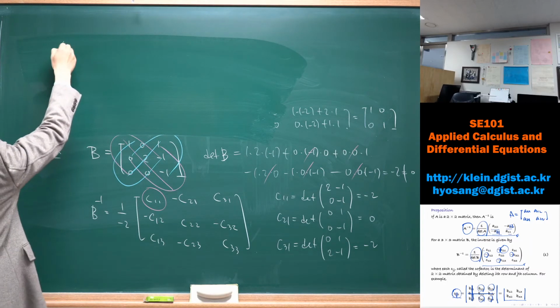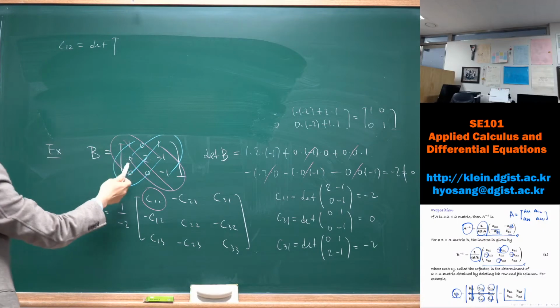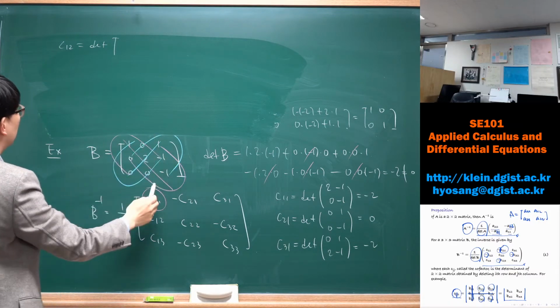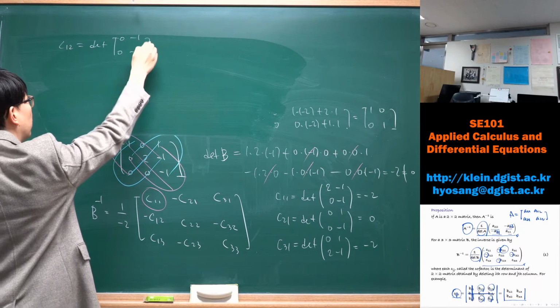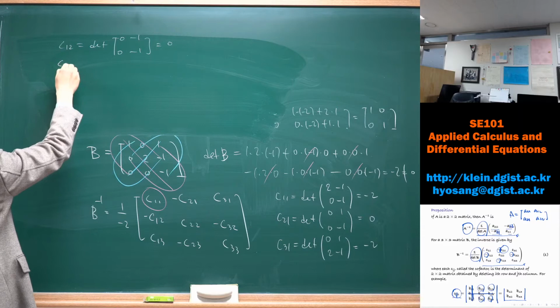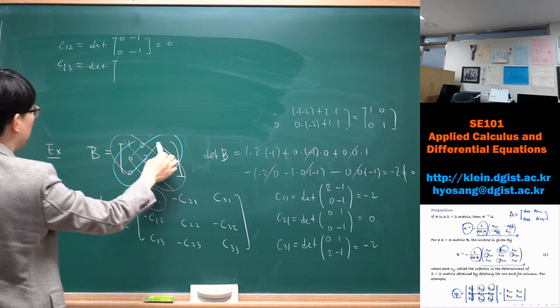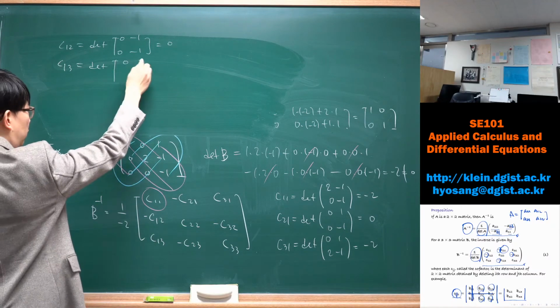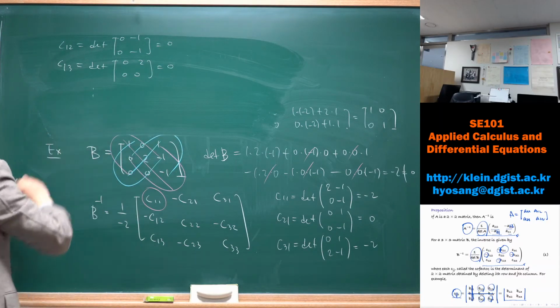So what's C12? That's the determinant of deleting the first row, second column, right? So this is 0, minus 1, and 0, minus 1, and that's also 0, right? And what's C13? That's the determinant of deleting the first row and third column, 0, 2, 0, 0. So that's 0, and so on.